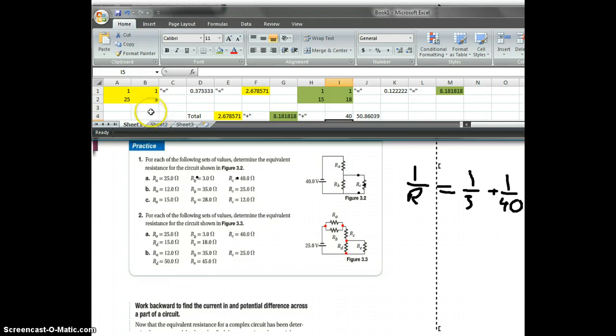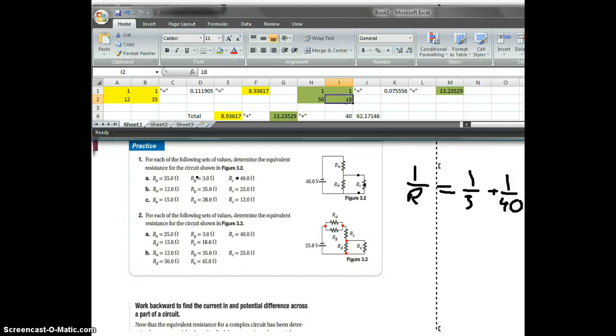Letter B, we change our values. Resistor A in the second part is 12 ohms. Resistor B is 35 ohms. Enter. So 1/12 and 1/35 gives you 0.11. Take the reciprocal, 8.99. Resistor D is 50.